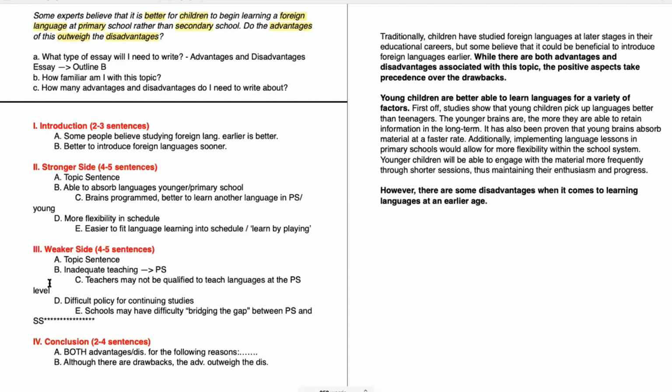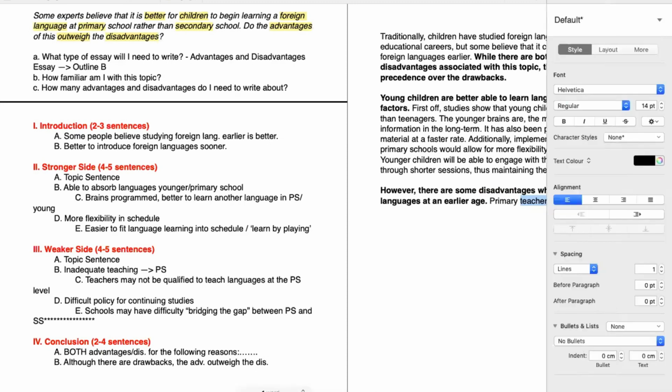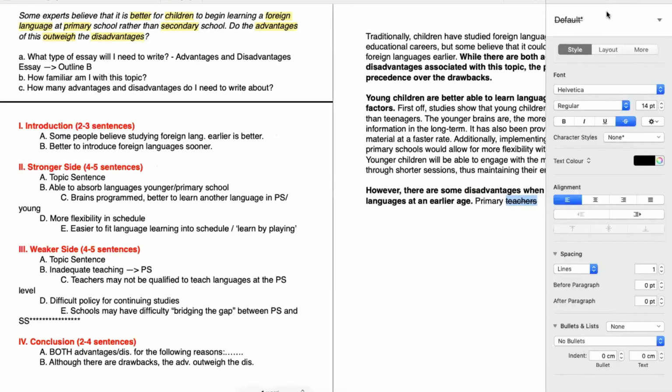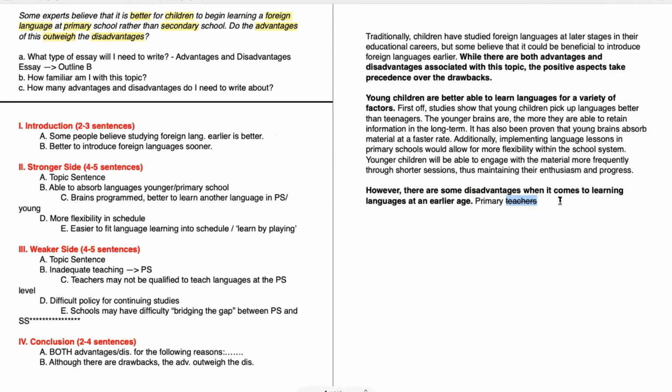Let's talk a little bit about the inadequate teaching. I'll say primary teachers, or if you want, you could say primary school teachers. So in this case, imagine that I've actually written this in my test booklet. Instead of scribbling out messily, I'm going to strike through just like you've seen here. You just do a simple strike through and then you continue writing next to it.